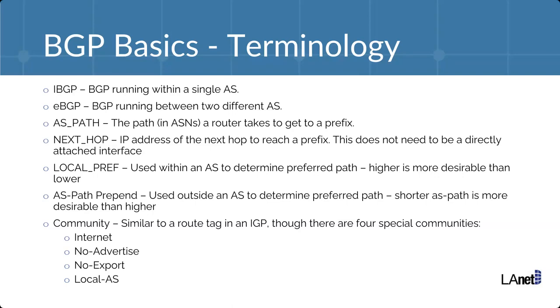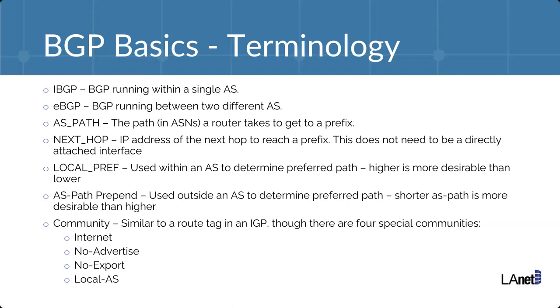And then lastly, we have communities. I'm not going to spend a lot of time on communities today, but if you're familiar with route tagging in, say, OSPF, communities are similar. I'm not going to say the same, but they're similar in BGP.